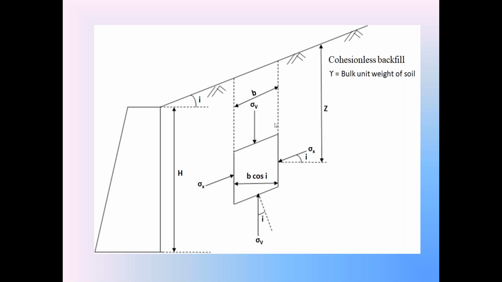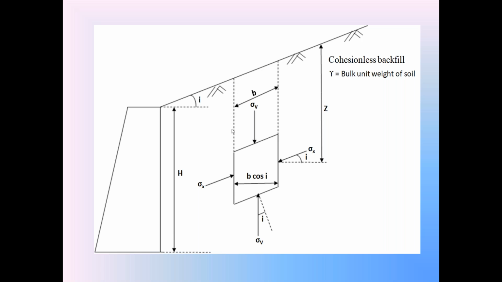The height of this soil prism is z. Check that carefully. Then the inclined width of that soil prism is b, small b. So I am explaining the equation for this vertical stress acting on the soil element. First find out the area of this soil prism weight above this element.